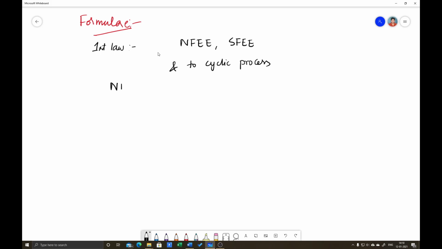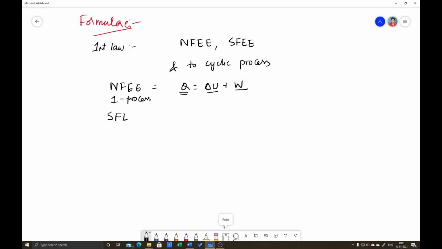Non-flow energy equation is for one process. For a closed system, for one process, NFE will be Q is equal to delta U plus W. That means whatever heat is supplied, some part is converted to internal energy and some part is converted to work done.